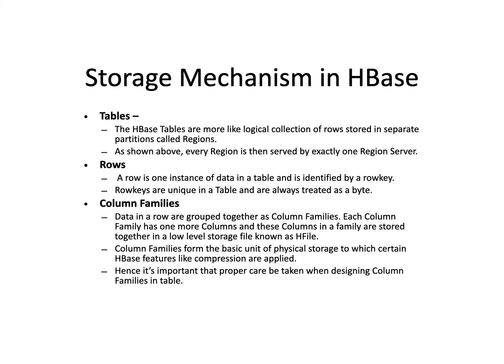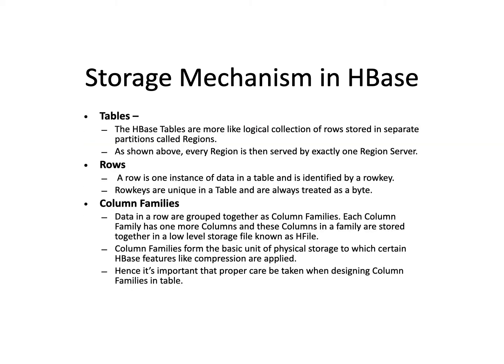The table is more like a logical collection of rows stored in separate partitions called regions. As shown above, every region is then served by exactly one region server. We will discuss region servers and regions later.